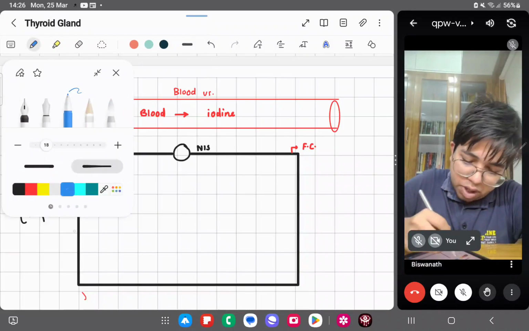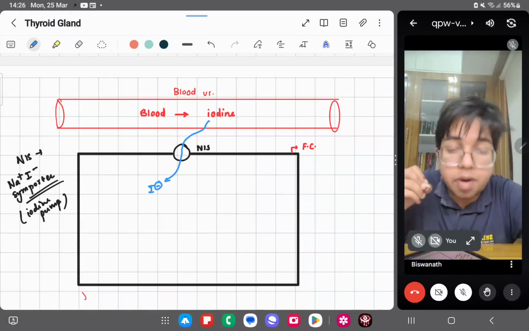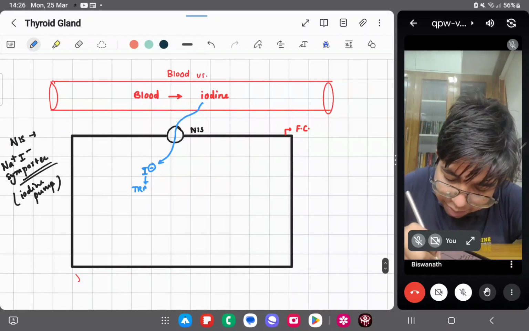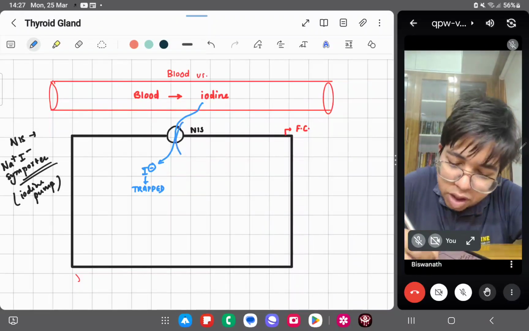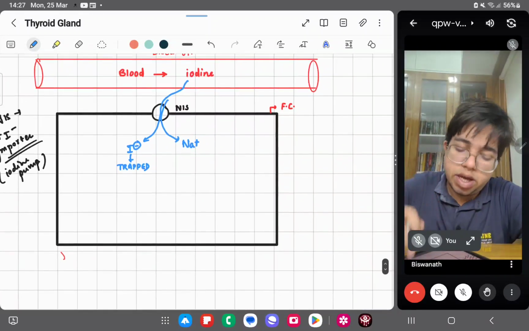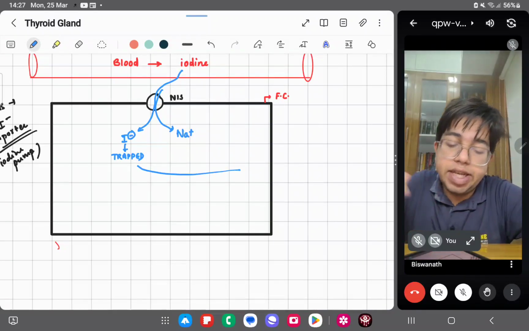What will it do? It will take this iodine inside the cell in the form of I minus. This iodine is said to be trapped, but it is a symporter, so it will require another molecule to be transported. What will be transported? Sodium, Na plus.